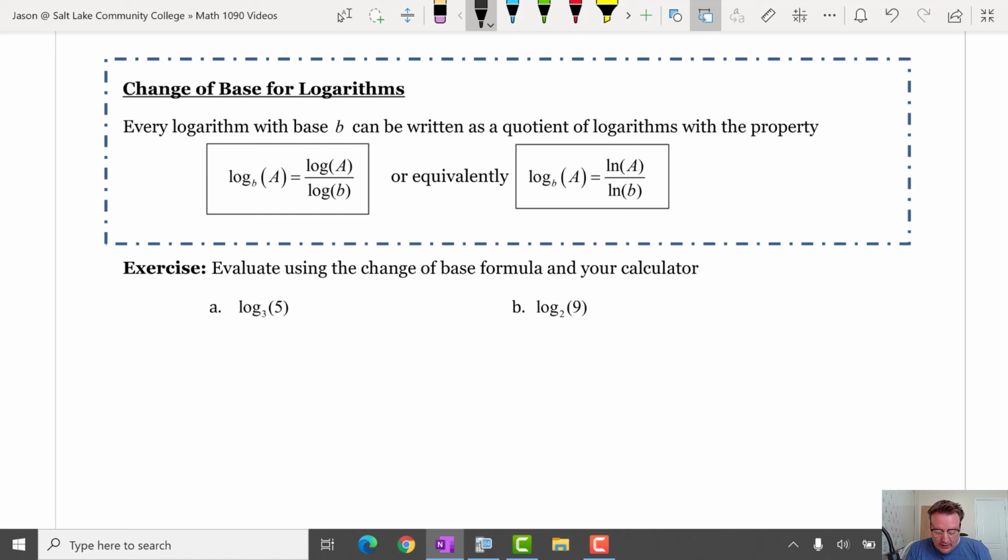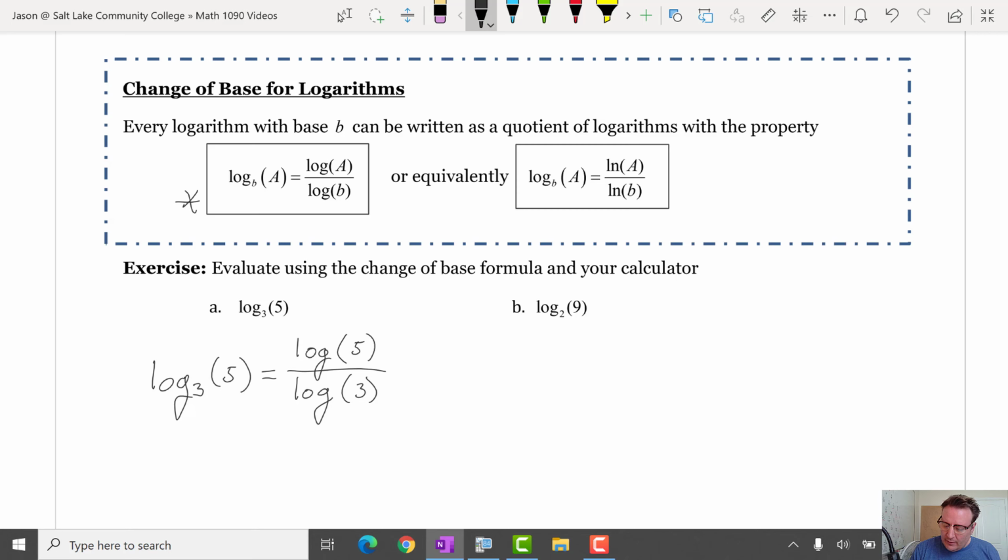Okay, so let's use these to compute using our calculator. So this expression, log base 3 of 5, I'll use this one here. This is equivalent to the common log of the argument, which is 5 in this case, divided by the common log of the base, which is 3.